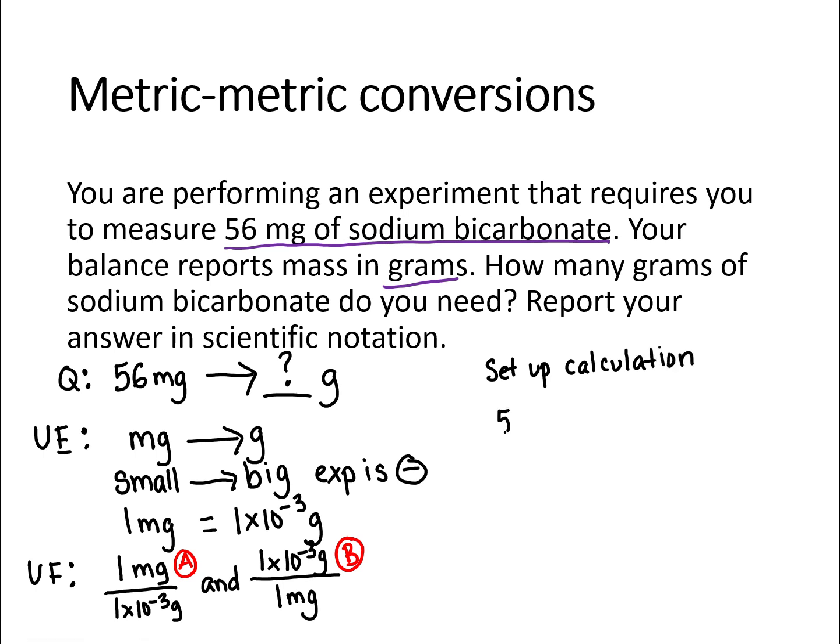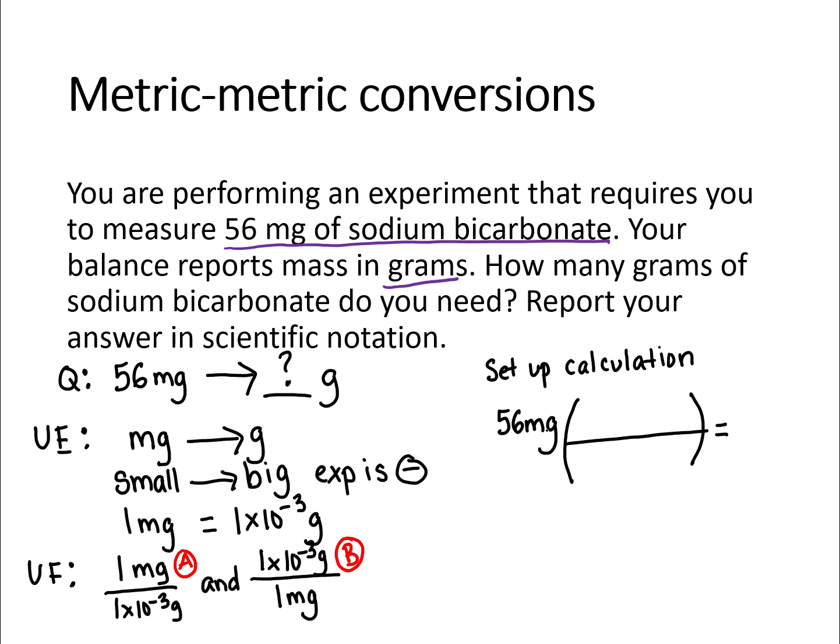We're starting with 56 milligrams, and that we just got from the problem. But now we have a decision to make. We need to use one of these unit factors to get us from milligrams to grams. That means that we have to choose the unit factor that's going to let us cancel out the milligrams and leave us with grams.